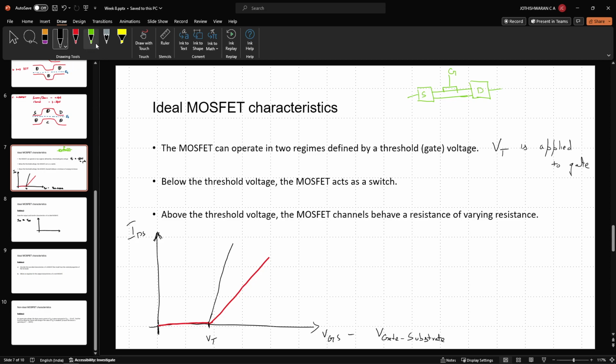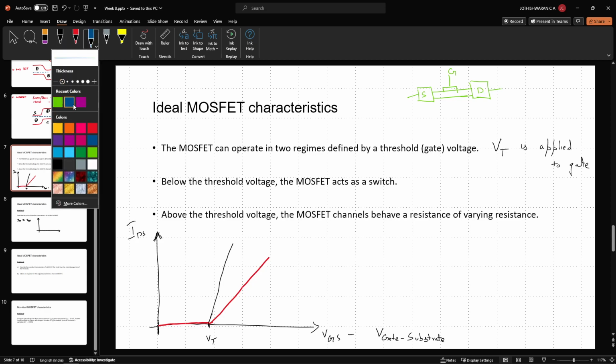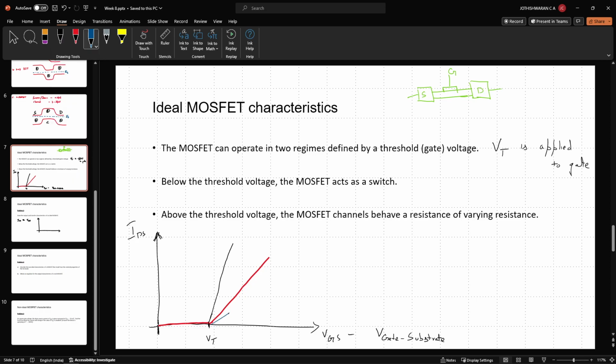And maybe for a third value of VDS, I will have a line with a different slope. So this is what we expect to happen ideally. So this is VDS1. Here this is drain source voltage. This S here is not to be confused with the substrate. Okay, so this is VDS2 and this is VDS3.